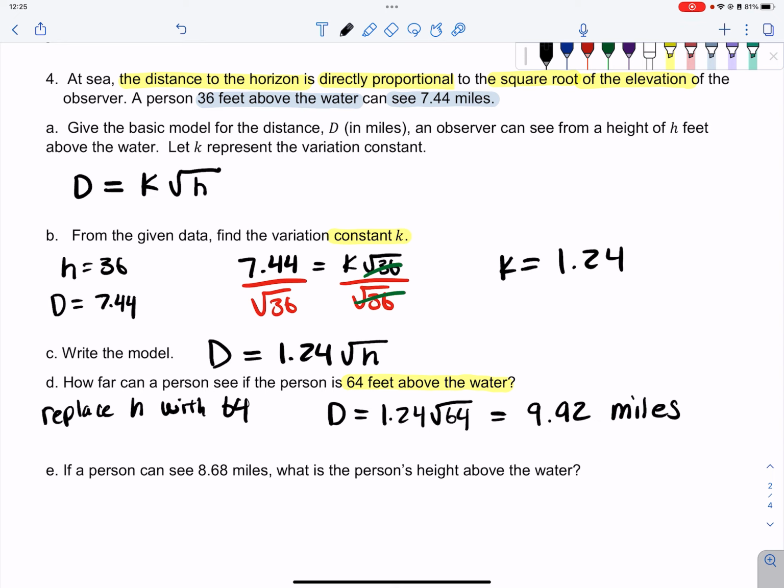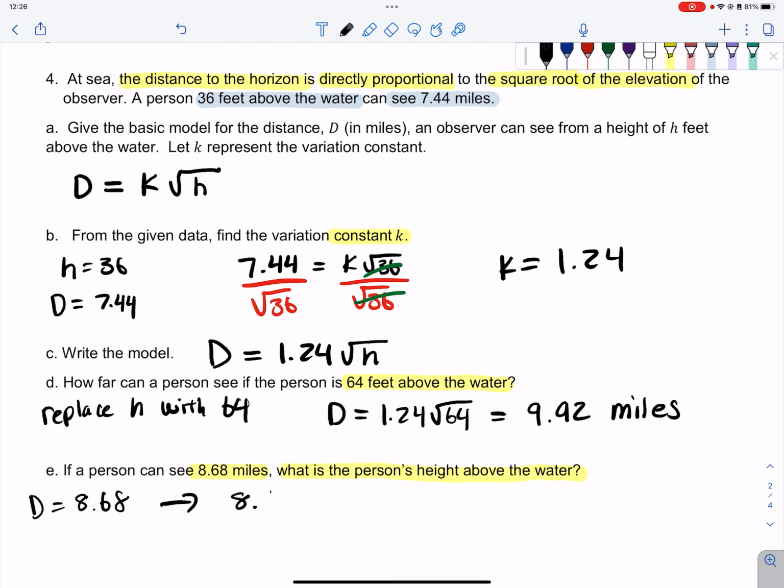The next question that we are asked: if a person can see 8.68 miles, what is their height above the water? So now in our model, we need to replace distance with 8.68. And then we have to solve for their height, h.